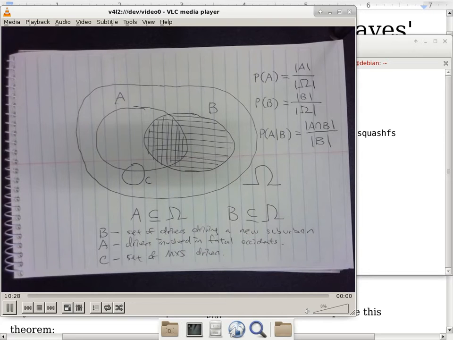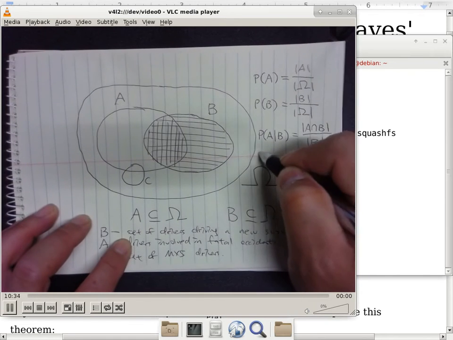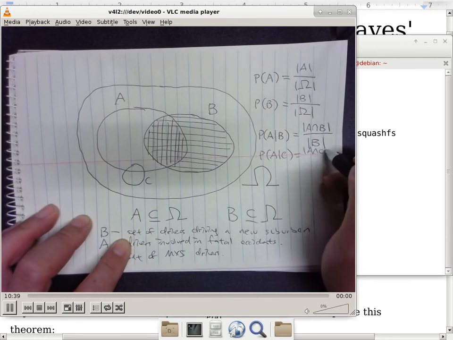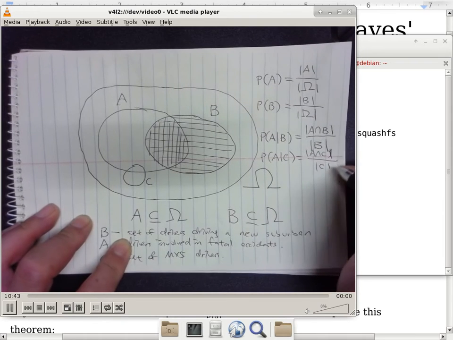So then we can look at A bar C. We look at A bar B, we look at A bar C, which is A intersecting with C, over the cardinality of C itself.